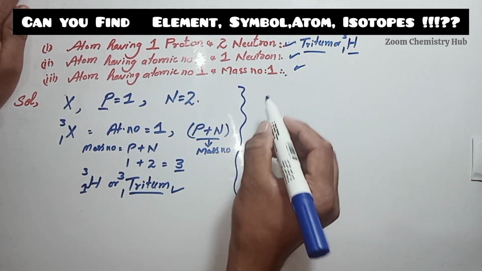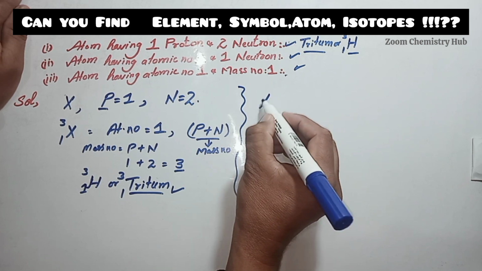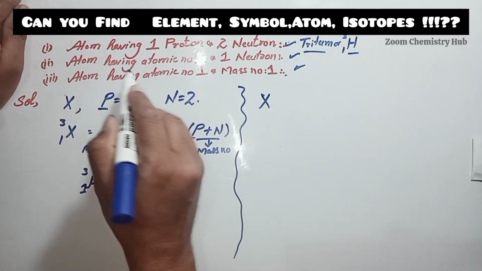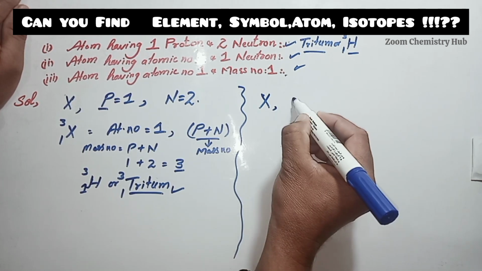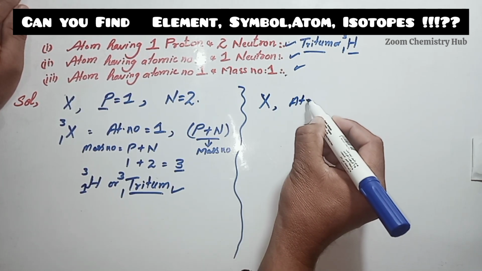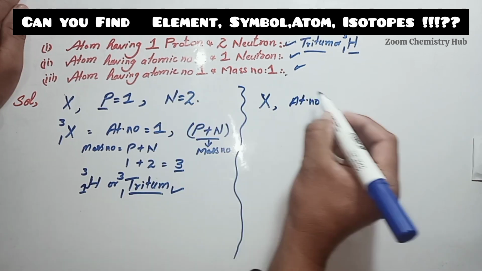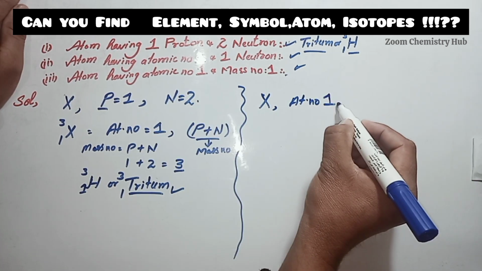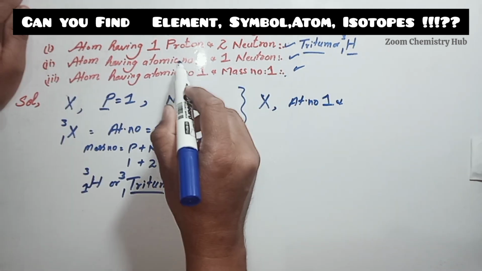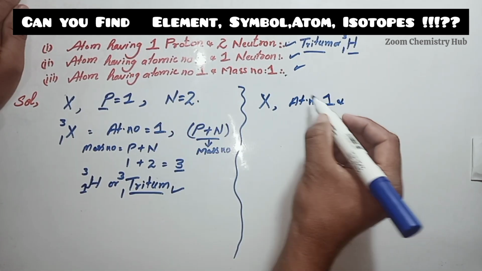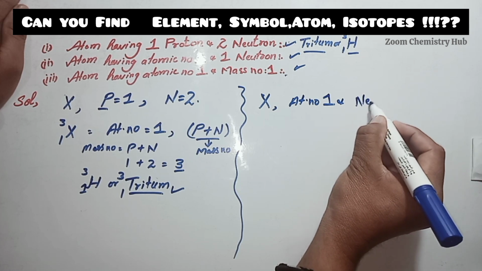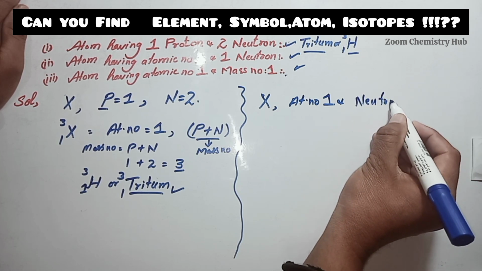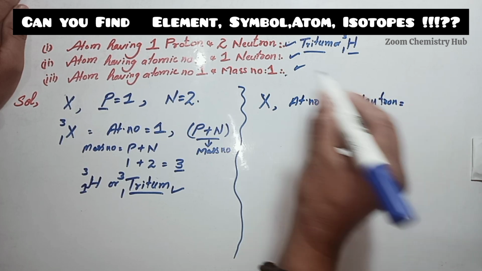In the next question, we have X element having atomic number 1 and the number of neutrons is 1.